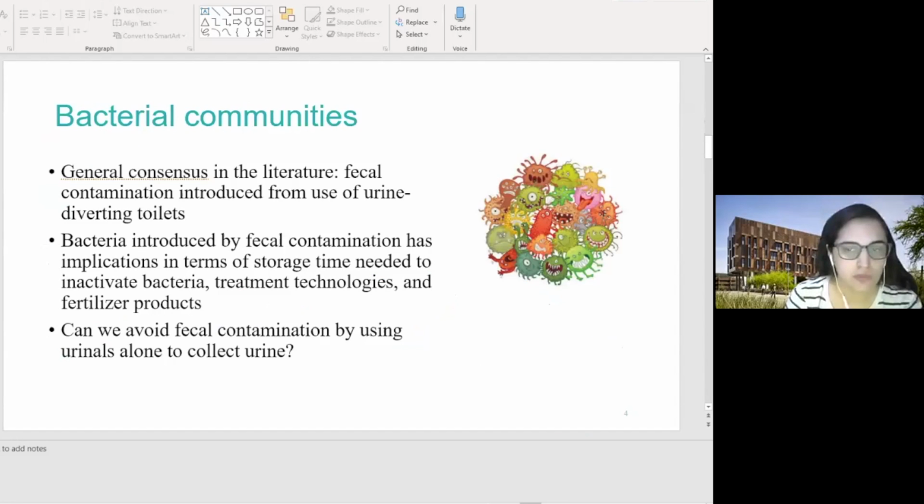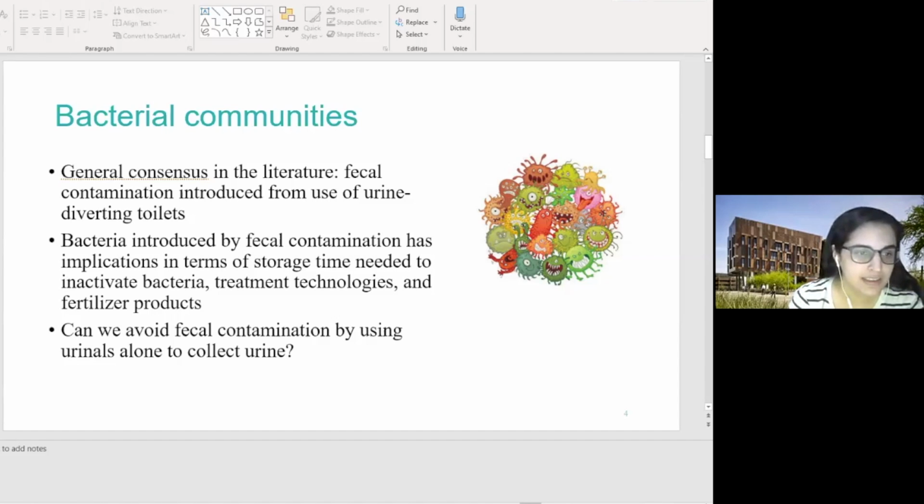So, bacterial communities. The general consensus in the literature is that fecal contamination is introduced from the use of urine diverting toilets, where there's an interface between the back bowl and the front urine collecting bowl, and fecal material can enter the front urine collection bowl as it exits the body and as it is being collected.